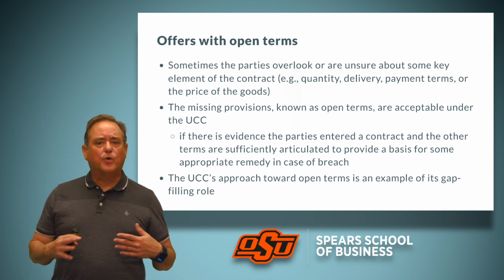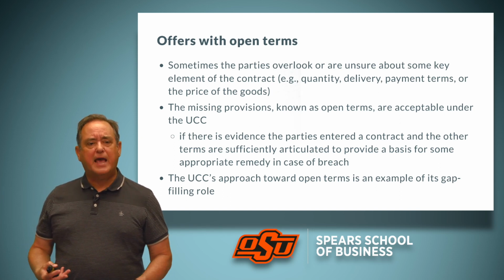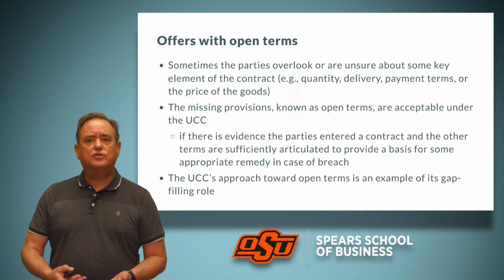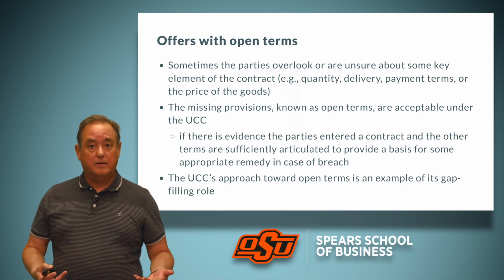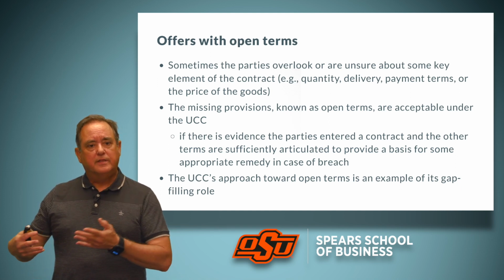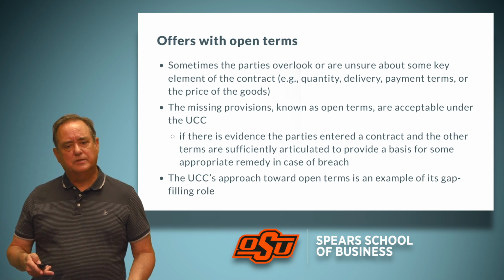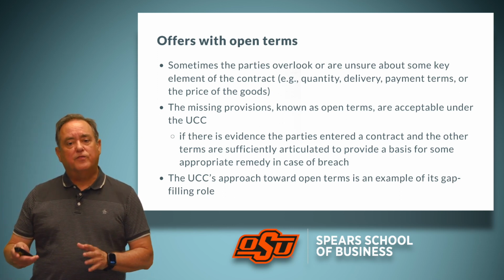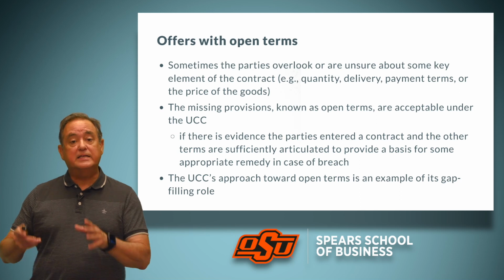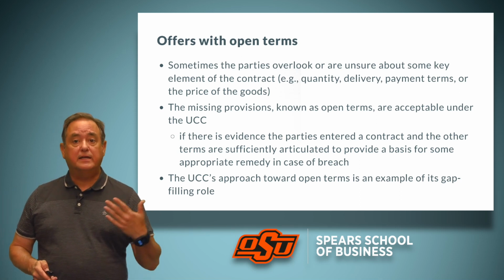So the UCC's approach toward open terms is an example of its gap-filling role, meaning the contract is unclear or does not mention quantity or payment terms or price. The UCC will supply those items. The UCC will find that a contract exists, and it's going to supply the answers to those missing provisions.